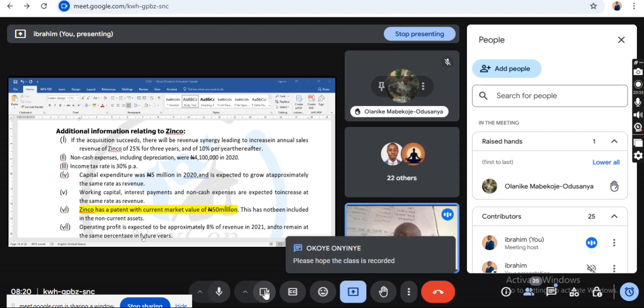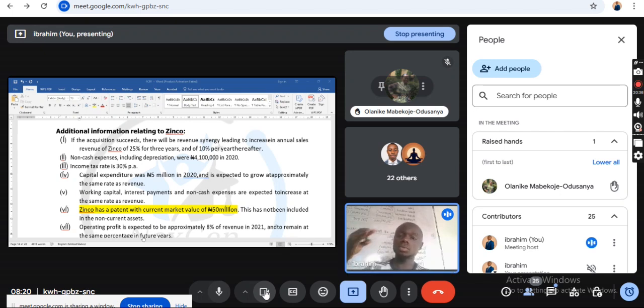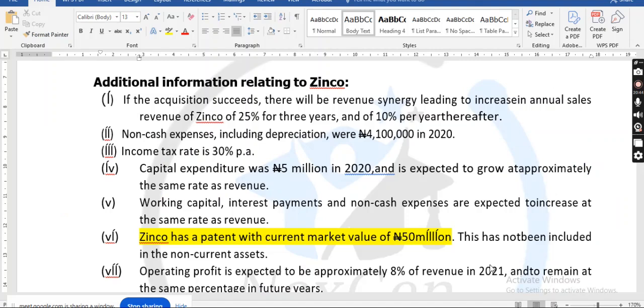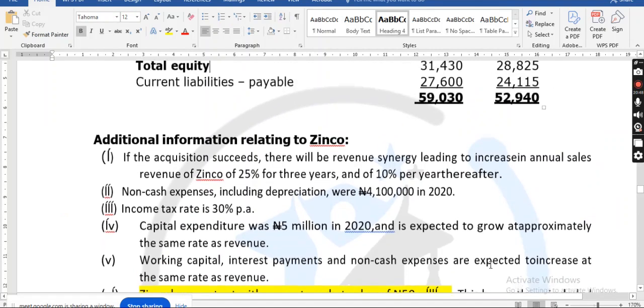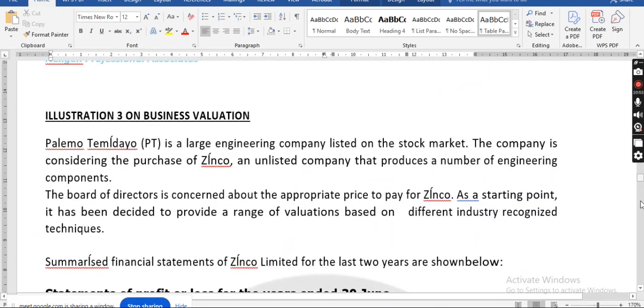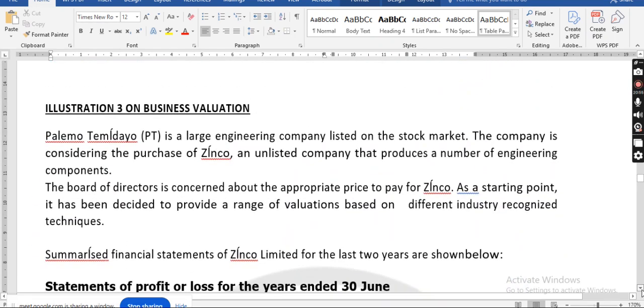So we have to do for 2021, 2022, and 2023. So first, you increase the revenue, right? First, you have to increase the what? The revenue. Don't forget, this is the income statement given to us. Where is the income statement? For those of you that have the material, we check.